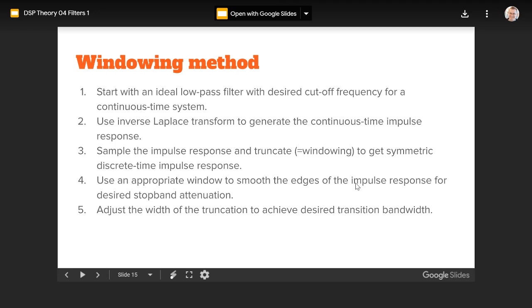Mathematically, you have the sampled sinc times the window.